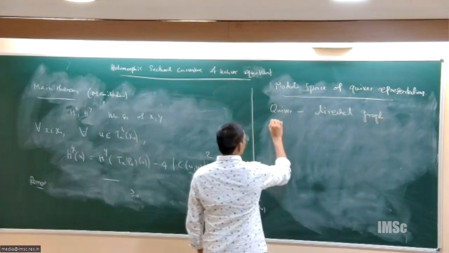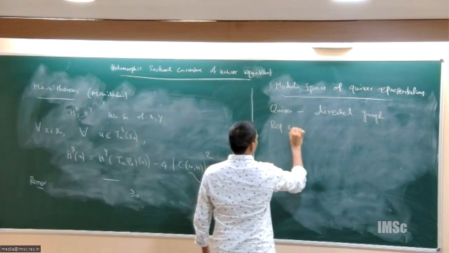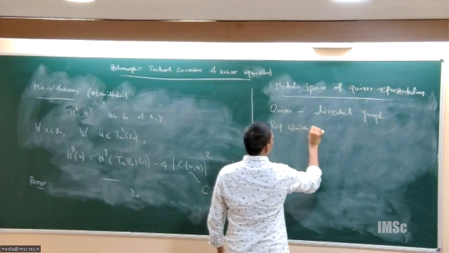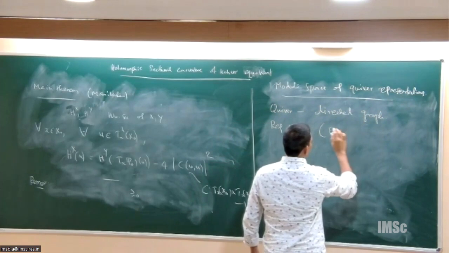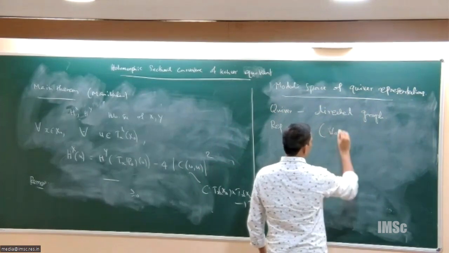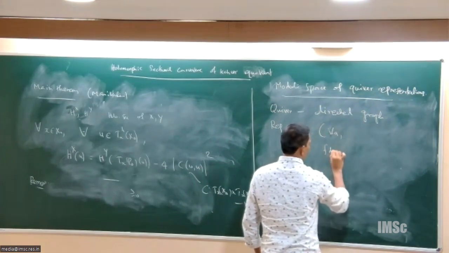A representation of Q is the data consisting of finite dimensional vector spaces.